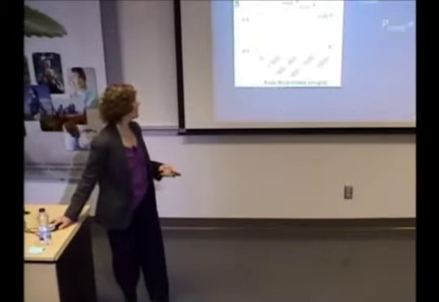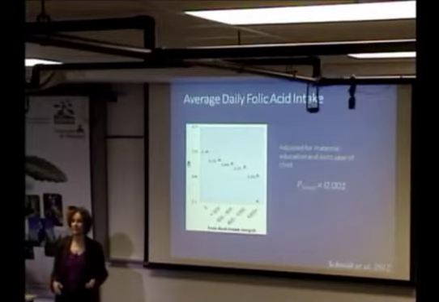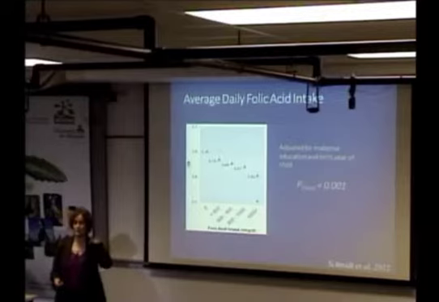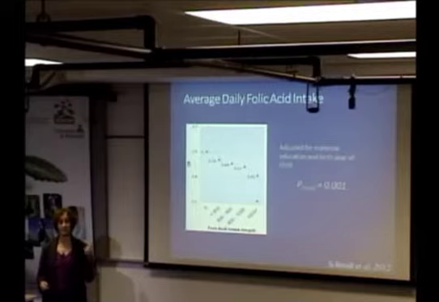But we also saw a dose response. So the higher the amount of folic acid, the more likely they were to take the prenatal vitamin supplements, the less likely they were to develop autism. And at the time that we were publishing this, there were still some people who argued that we are actually over-methylating people because folic acid is a methyl donor, and that itself was causing autism.